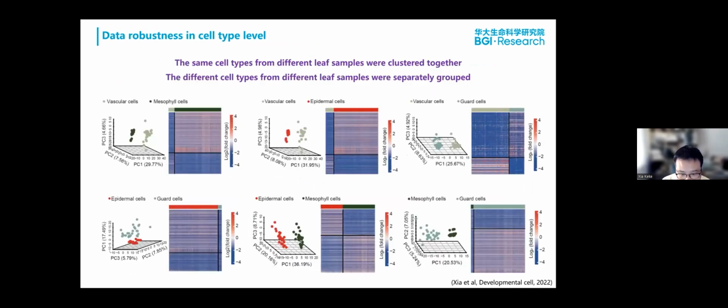To confirm the reliability of the cell type assignment above, we compared the expression level of marker genes of each cell type and also performed PCA analysis among the 4 major cell types. Here, we show the PCA results: the same cell types from different leaf samples were clustered together, while the different cell types from different leaf samples were separated.